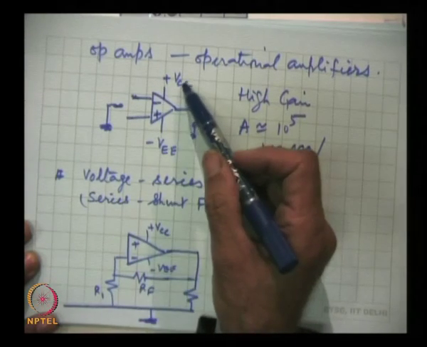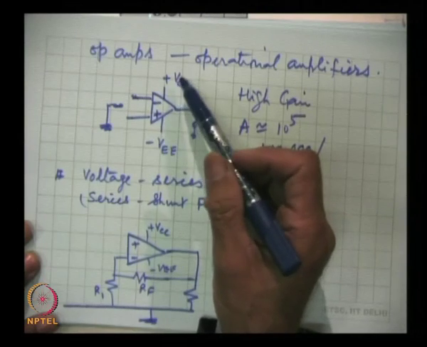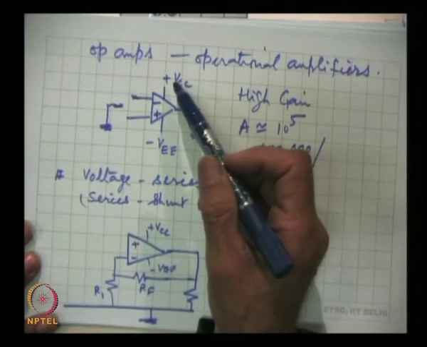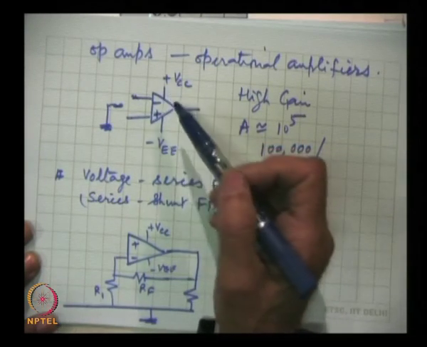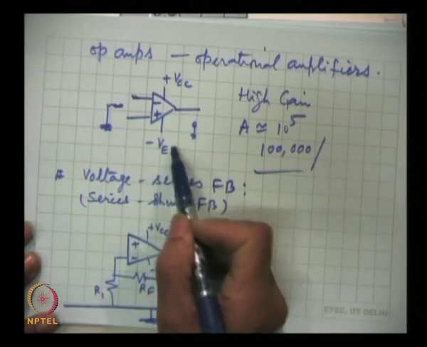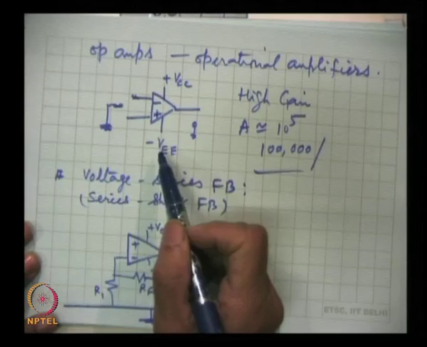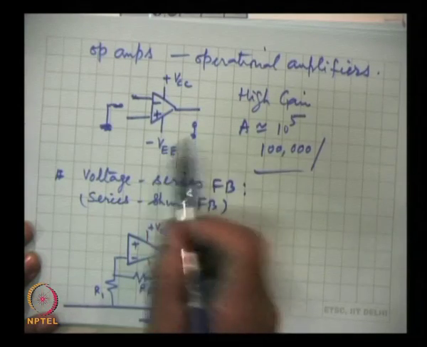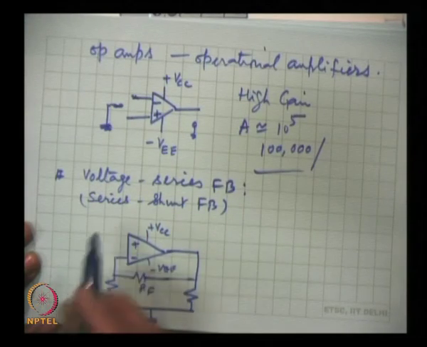This plus VCC gives reverse bias to the collector of the transistors, and this forward biases the emitter of the amplifier.